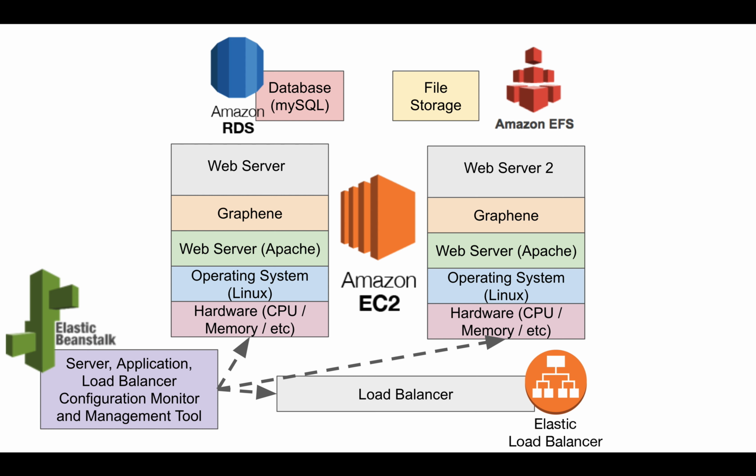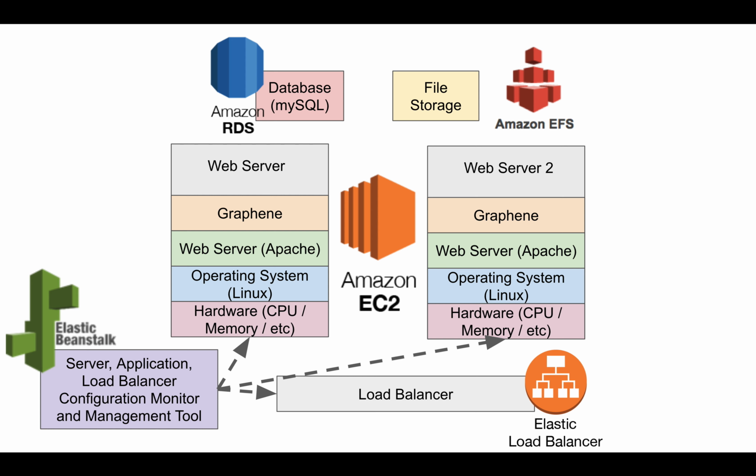So starting at the top, we have Amazon RDS, which is their relational database server, and that allows us to stand up something like a dedicated MySQL database as a service that lives outside of our actual web servers. They also have Amazon EFS, which stands for their Elastic File System, and that allows us to have our file storage outside of our web servers.